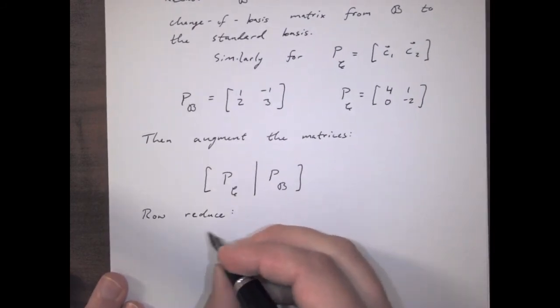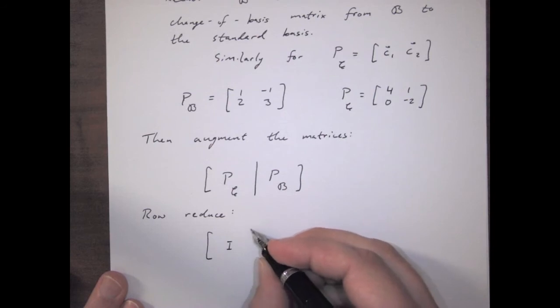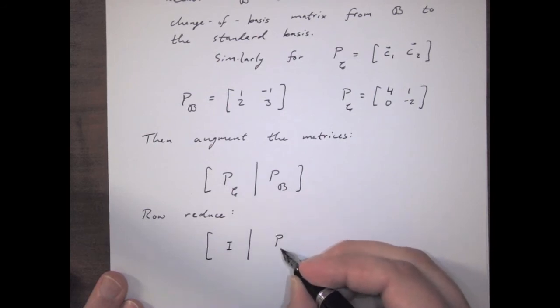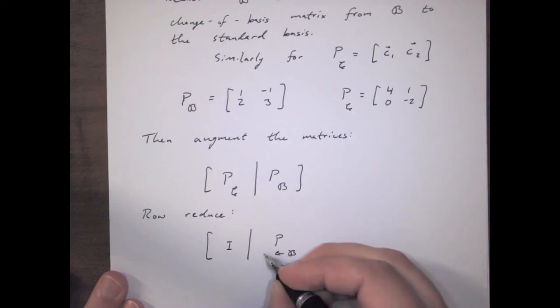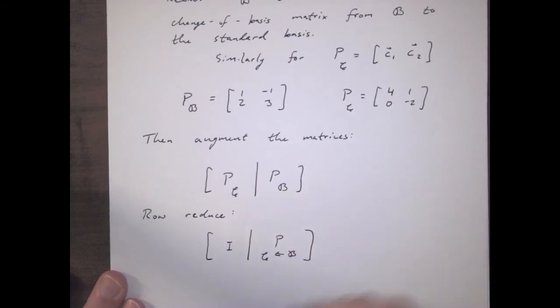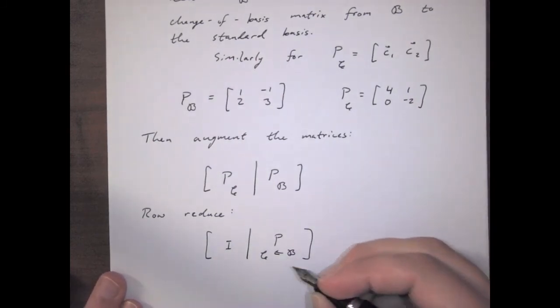If we row reduce here, we'll end up with the identity on this side, and what we'll have on this side will be the desired P from B to C. So this is our desired matrix.